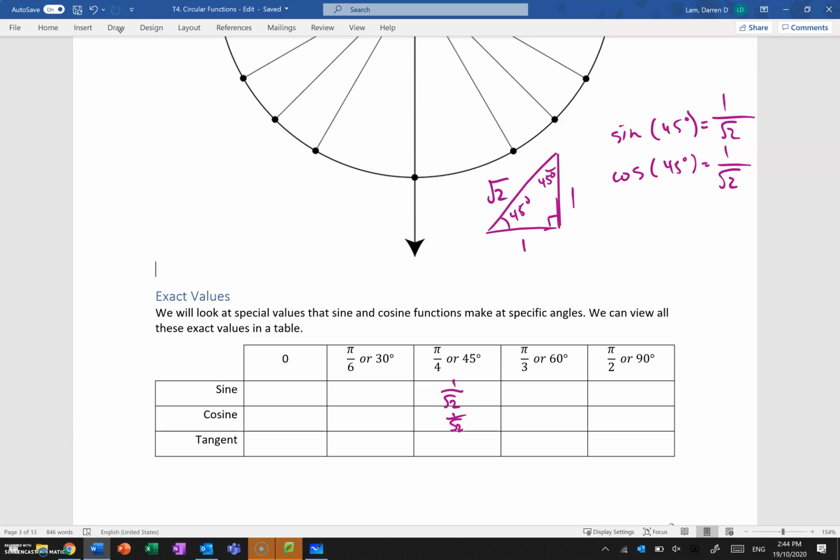If we're going to continue, what if I've been given a triangle, and instead of 1, let's say this is an equilateral triangle, by the way, and the sides are 2. Okay? I'm going to cut it in half, so it looks like this. I'm going to redraw it over here to get it a bit neater. So that's 2, and it's a right angle there. What's the bottom length? 1.